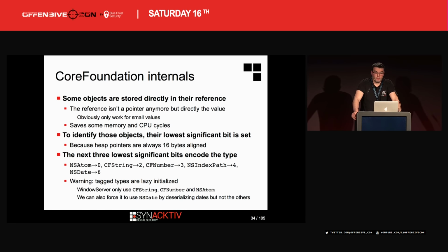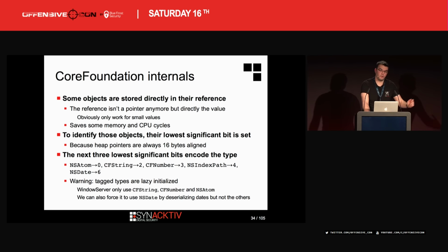And so that saves some memory and CPU cycles, because you don't have to keep references on those objects, and you don't have to allocate or free memory when you are manipulating them. To identify those objects that are directly stored in their reference, the lowest significant bit is set, because every allocation is a multiple of 16. So if the lowest bit is set, you know that this is not a pointer from the heap.